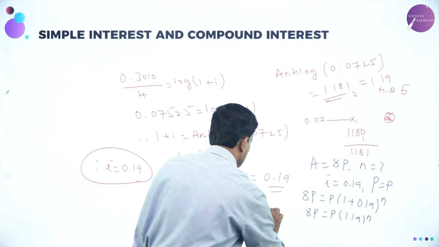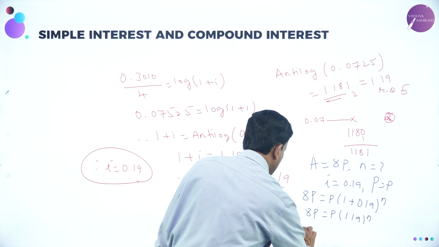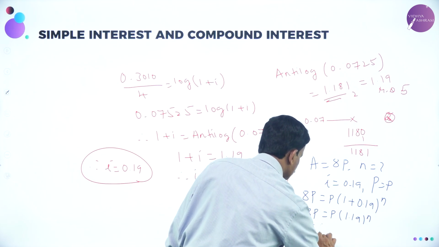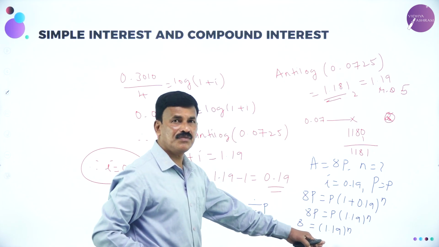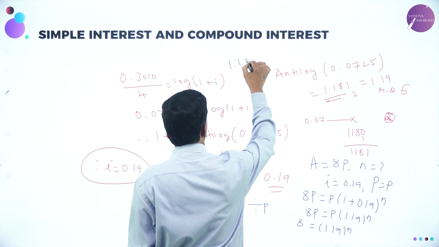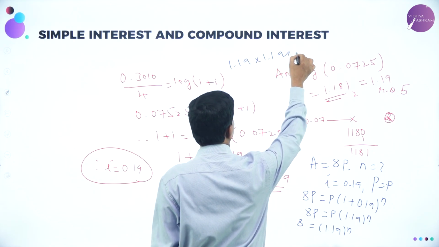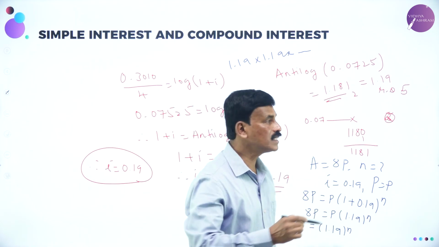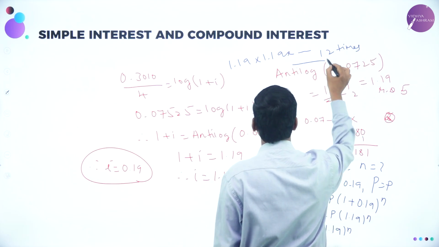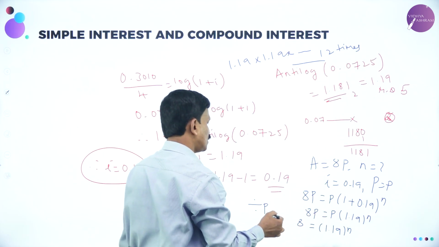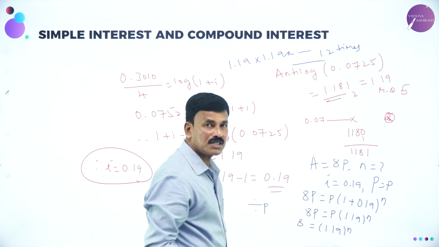Divide by P, so P gets cancelled. 8 is equal to 1.19 to the power of N. As usual, if you multiply 1.19 by itself 12 times, you will get nearest to 8.